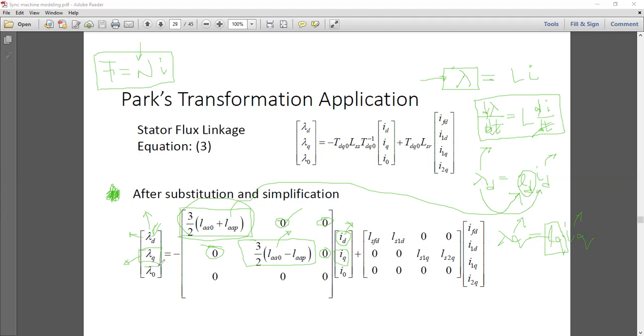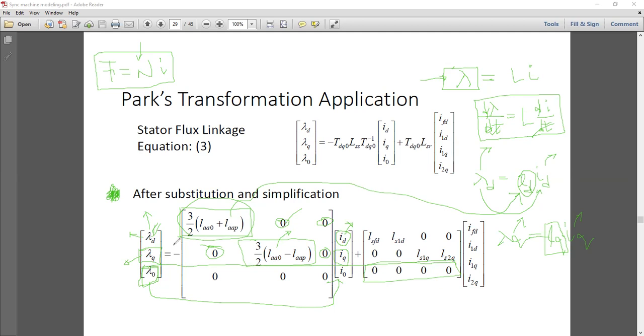And what about lambda 0? Lambda 0 is completely 0, no contribution under steady state. So we leave lambda 0 for the time being, because it will ultimately come up as 0.